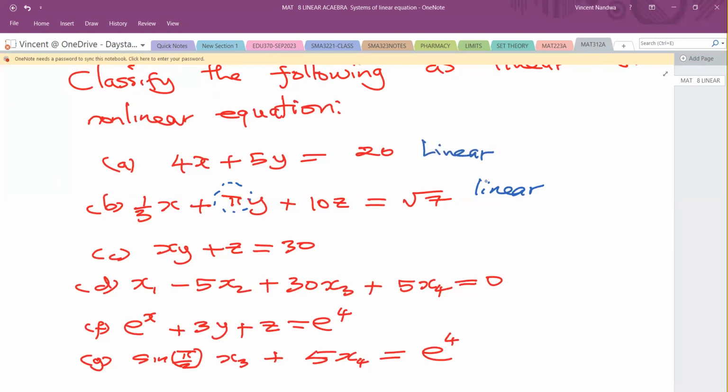Linear or non-linear? You need to be sure. Non-linear, what makes it non-linear? Which term?